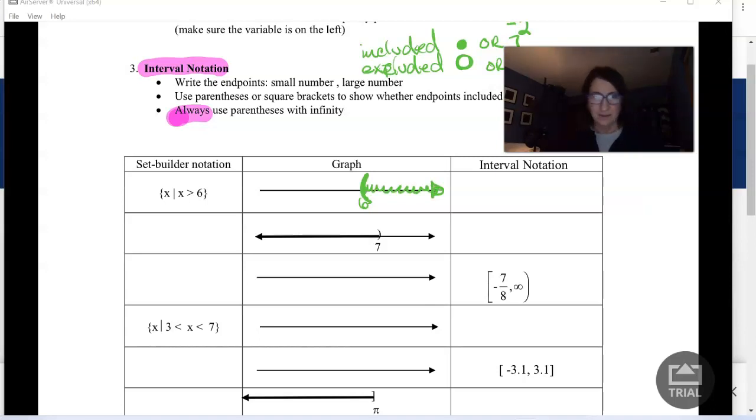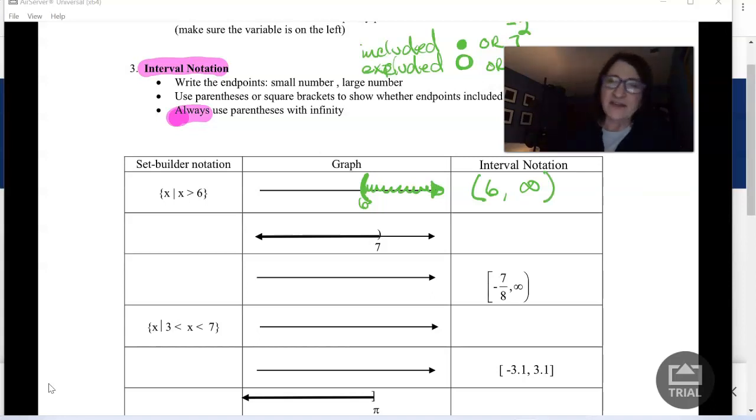Now, in taking that and putting it in interval notation, my smallest number in my set is 6. My largest number is infinity. Because 6 is not included, I use parentheses. Infinity always uses parentheses.